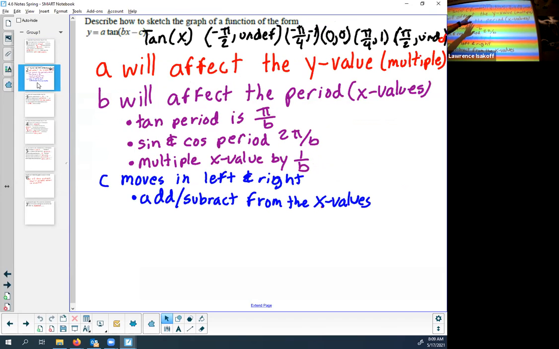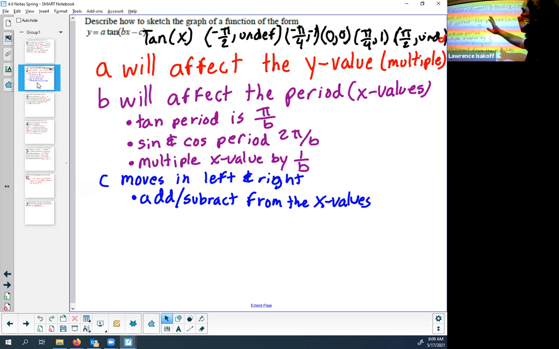So here's our default table for tangent. At negative pi over 2, it's undefined. At negative pi over 4, it's negative 1. Then we got 0, 0. At pi over 4, it's positive 1. And then at pi over 2, it becomes undefined again.